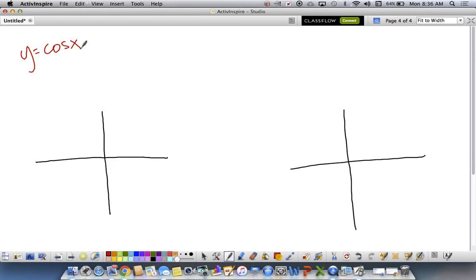What's our domain and range of our restriction? This one is 0, 1. Then pi over 2, 0. We go over to pi and go down to negative 1.